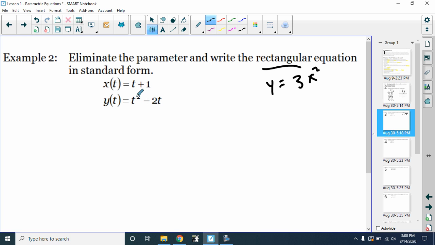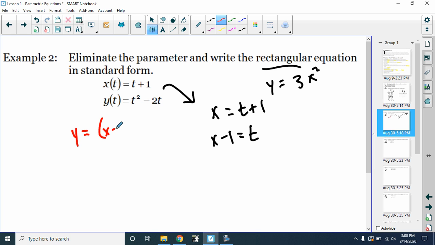The easier one to solve is by far going to be this one. That equation says x equals t plus 1, so t is equal to x minus 1. And then we can substitute that into the other equation. So I'm going to replace t with x minus 1.